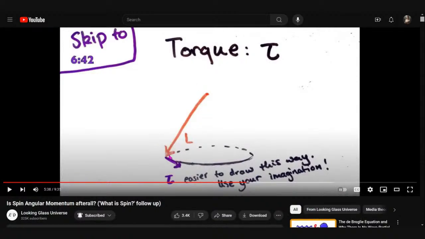If you're saying that this is the torque, this doesn't make any sense. Because then what you're saying is that the torque precesses, the torque goes around. That doesn't make any sense.